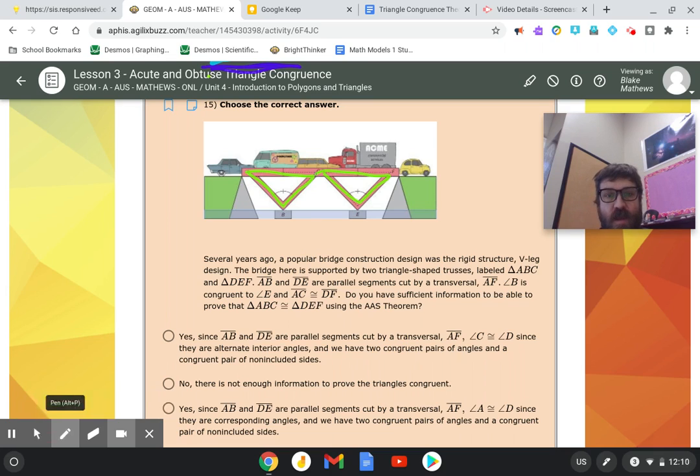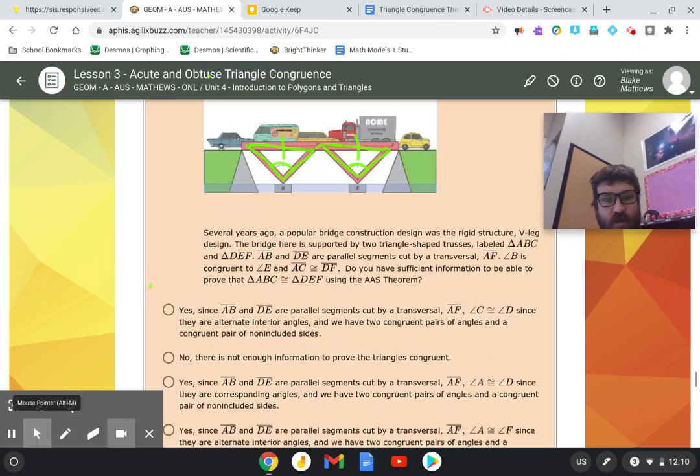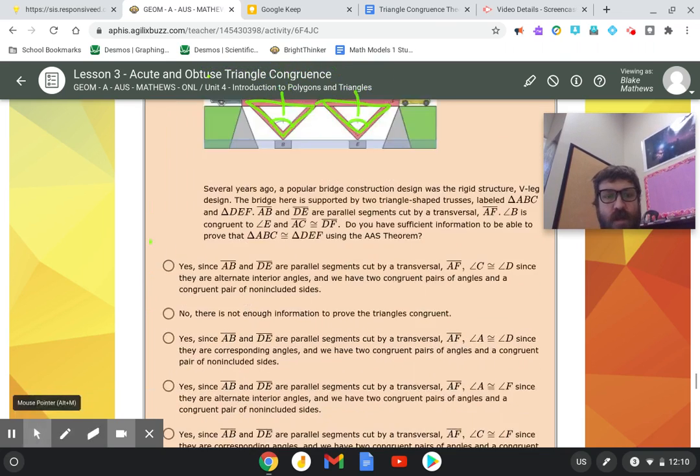So it says here that B is congruent to E, and AC is congruent to DF. Do you have sufficient information to be able to prove that triangle ABC and DEF using the AAS theorem? The question is, do we have it? Well, we do. And the reason we have enough information is because we are using corresponding angles.